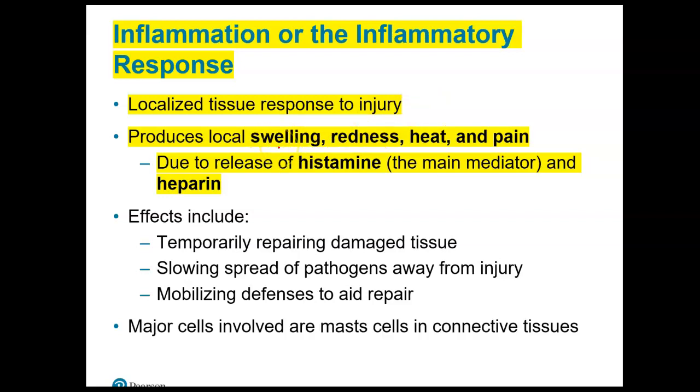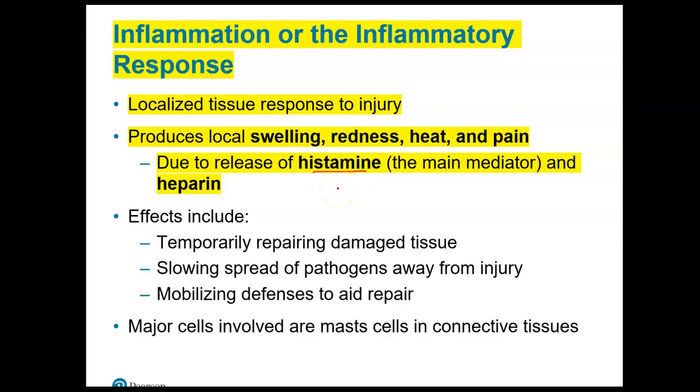Your body is going to react, and the inflammatory response is triggered when chemicals are released from the injured tissue. Also, histamine will stimulate the inflammatory response, which is released by white blood cells called basophils and also mast cells.